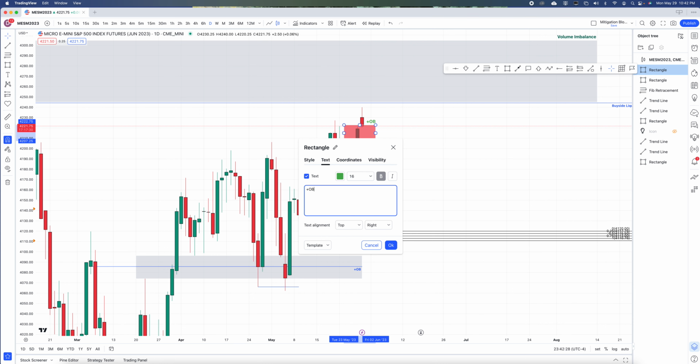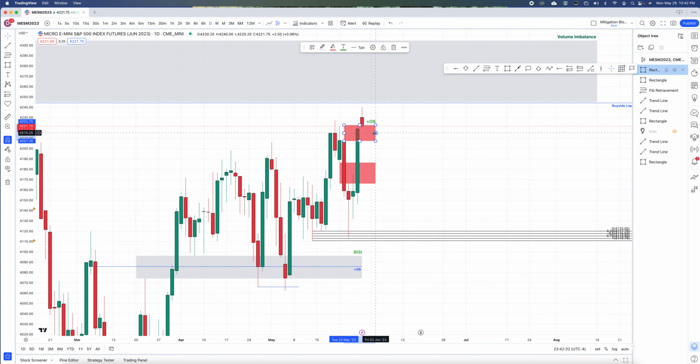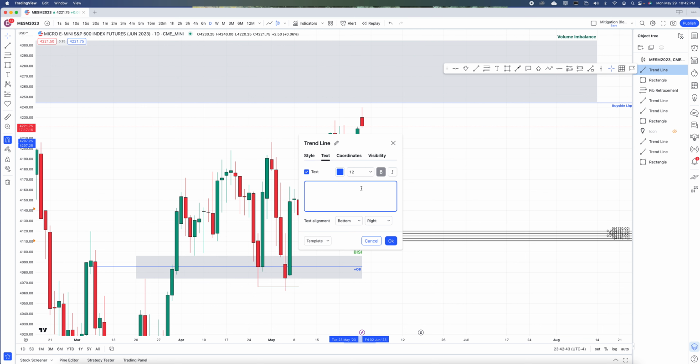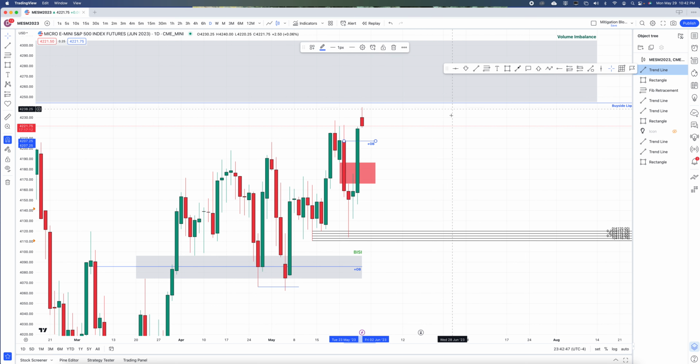So we've got our order block right here. I'm going to change this to the trend line tool. Again, I'm going to put it right on Friday. I'll call this the order block, not on a daily chart.